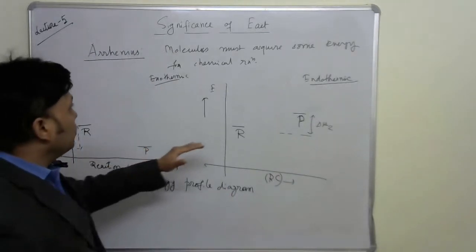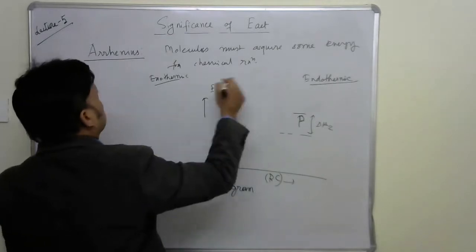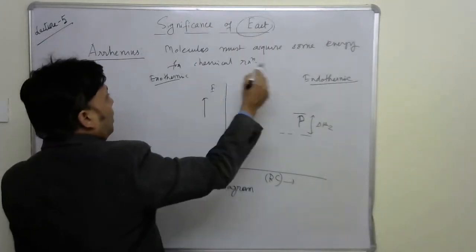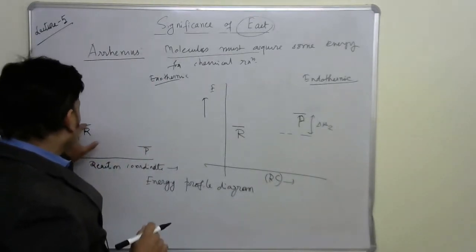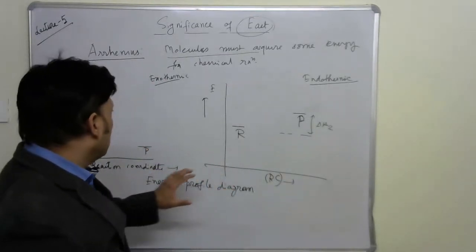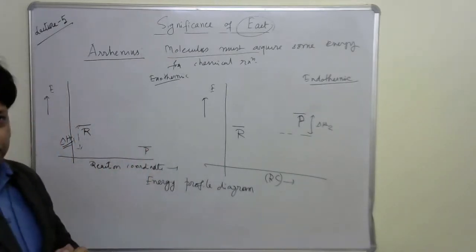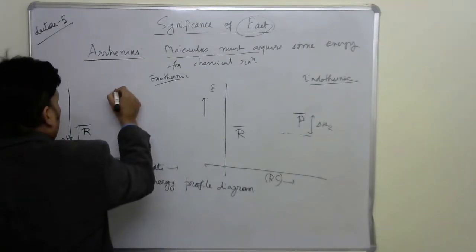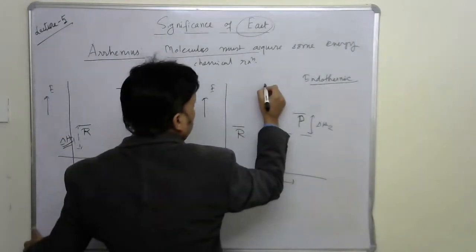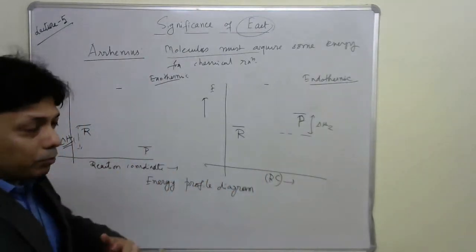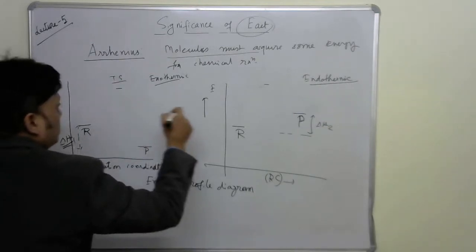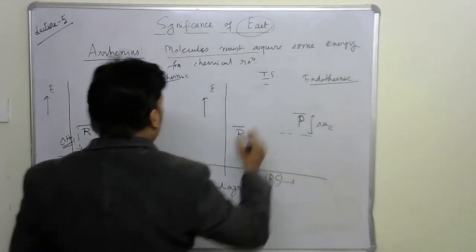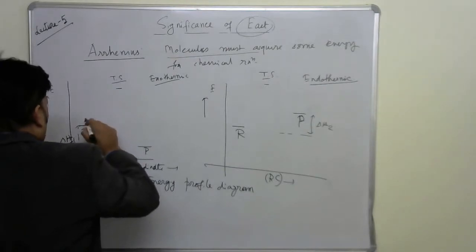But what happens in between? Remember, we are talking about the activation energy significance, and I have already told you that molecules must acquire some energy. So the reactant molecules, before going to the product, will acquire some energy level, the highest amount of energy that it must possess before it goes to the product side. That level has a name, and it is called the transition state, in short TS.